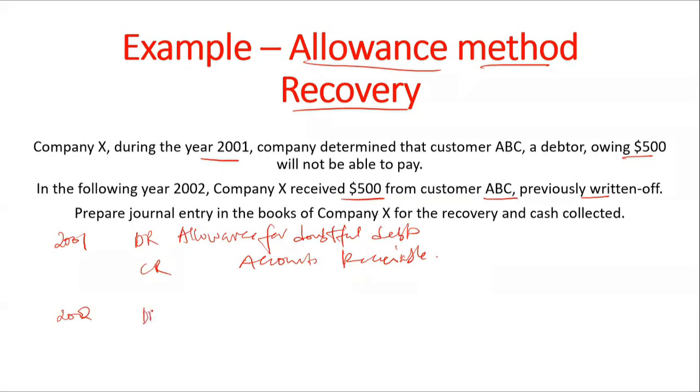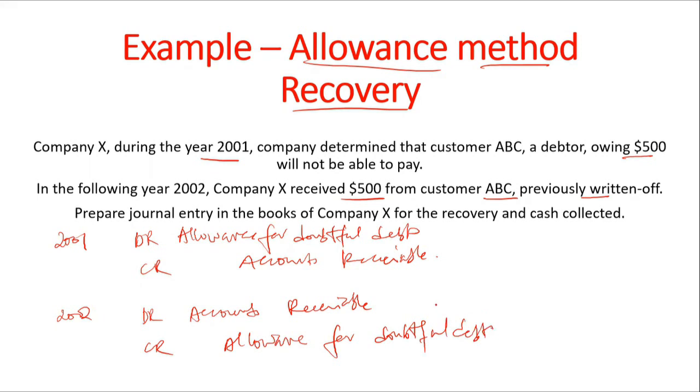To reverse this entry, we will debit accounts receivable and then credit allowance for doubtful debts. The company received cash, so there is going to be another entry in 2002: debit cash and then credit accounts receivable.